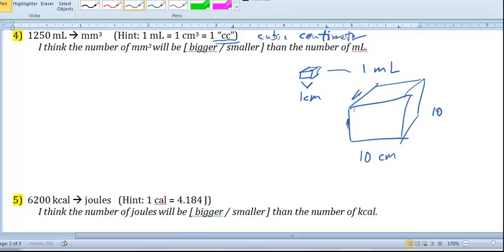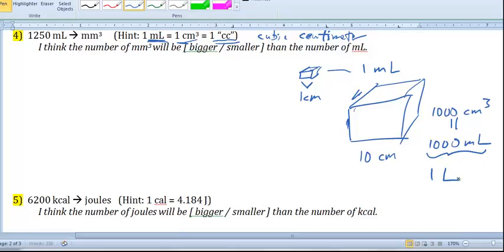And so that would be 1,000 cubic centimeters. Now follow me on this: because 1 cubic centimeter is equal to 1 milliliter, if we have 1,000 cubic centimeters, we have 1,000 milliliters, right? So this equals 1,000 milliliters. And you guys probably know another way of expressing 1,000 milliliters, right?